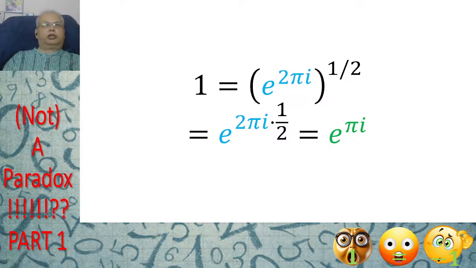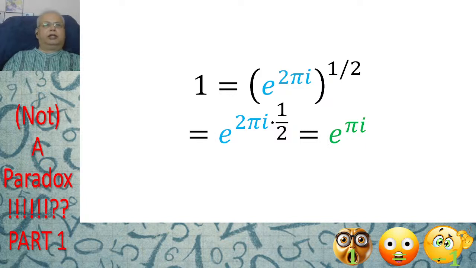Now we will use the identity x to the power m to the power n is equal to x to the power mn. Here x is e, m is 2 pi i, n is half. So this will be equal to e to the power 2 pi i into half, and that will be e to the power pi i.